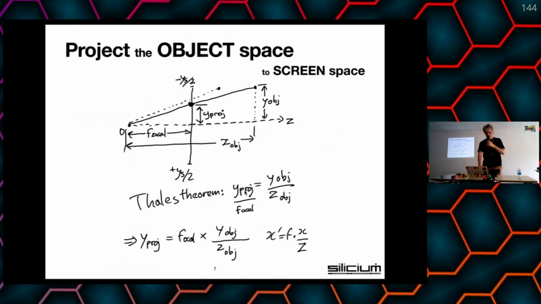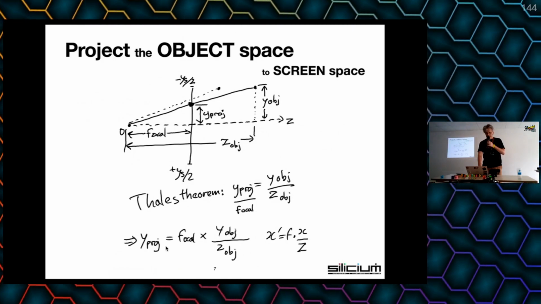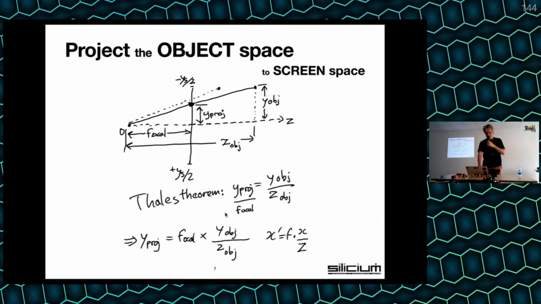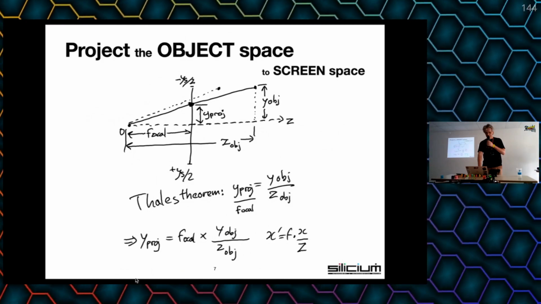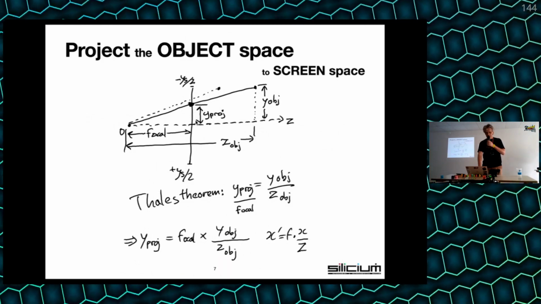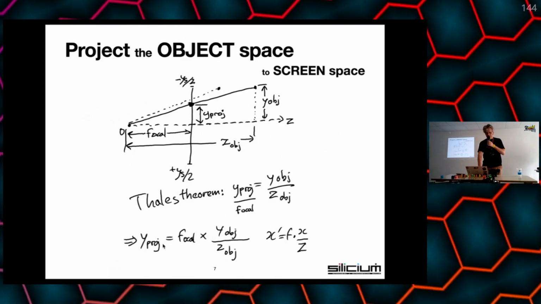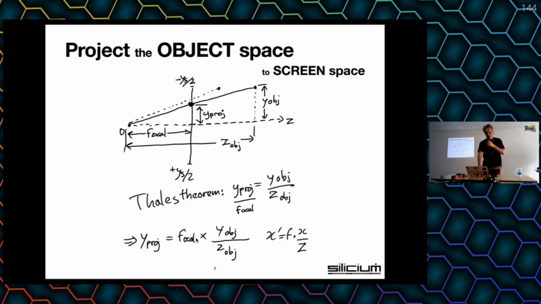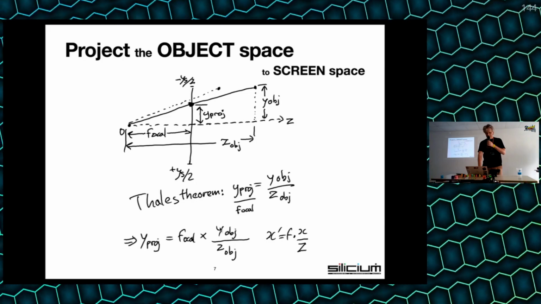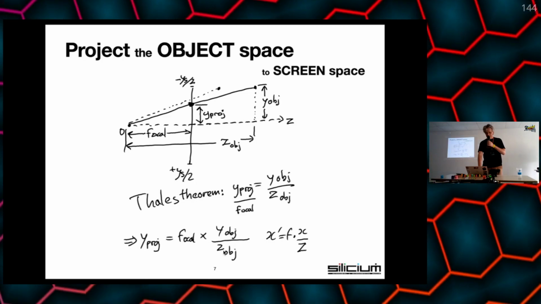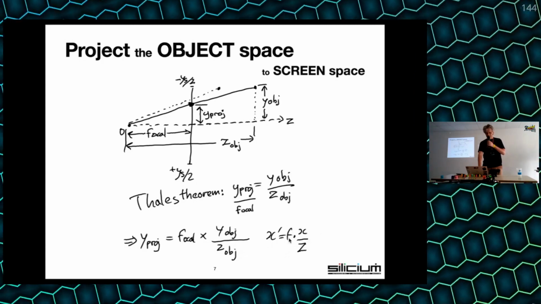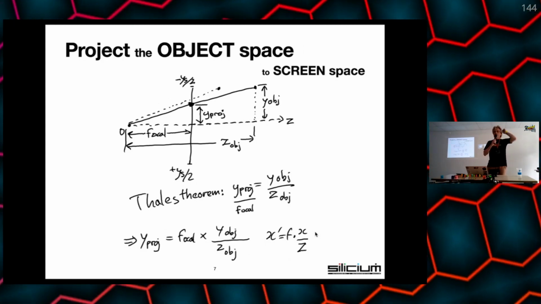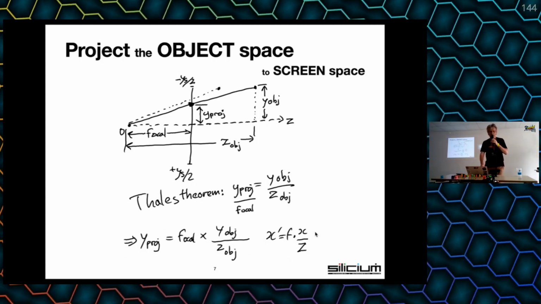So if you shuffle around those coordinates, you move this divided by focal length here, it just multiply by focal length here. So essentially your y coordinate here, this one, projected, is focal length times the original y coordinate divided by the distance to the object. So this is the equation you will have in as many coordinates as you want. So it works for x and y.